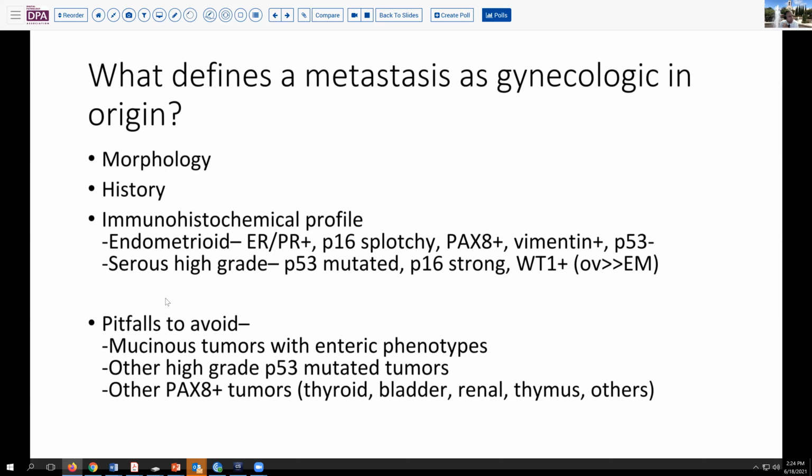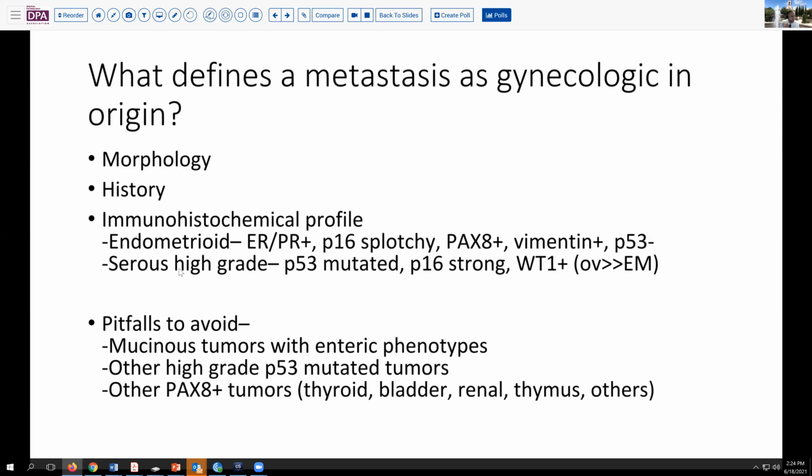The difficulties and the pitfalls with regard to defining a tumor as gynecologic in origin primarily are in the areas where we have mucinous tumors that have enteric phenotypes. Those promiscuous types of immunophenotypes are very difficult to define reliably as one side or the other on the basis of the immunophenotype, unless there are certain types which, say, express PAX8 and so forth.